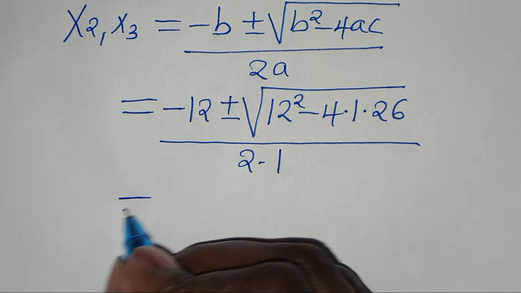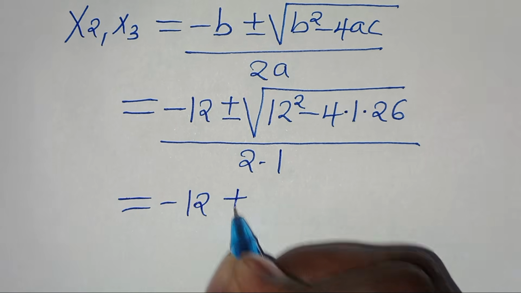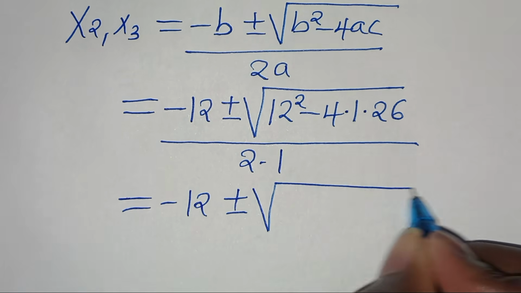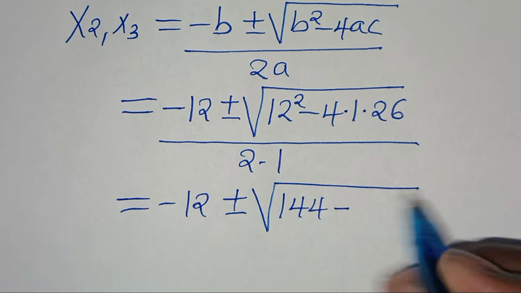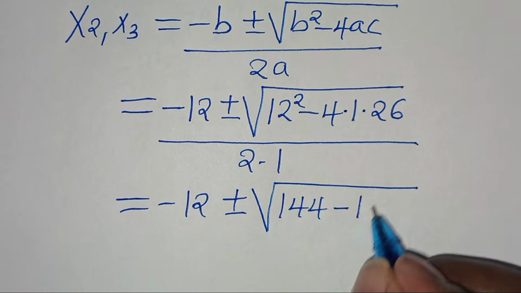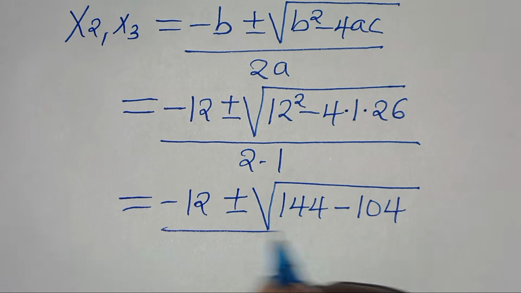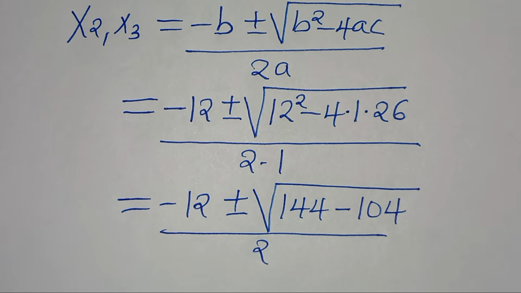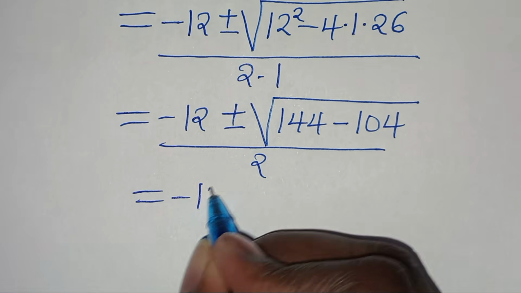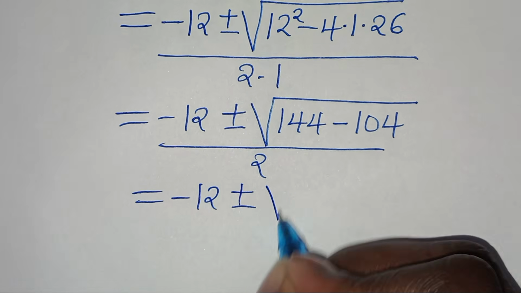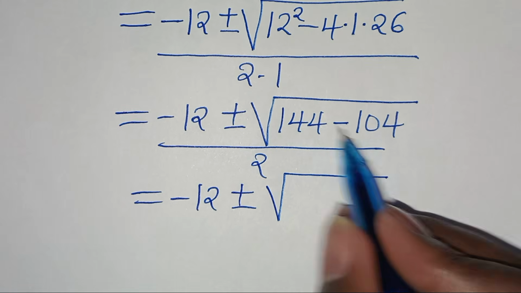So here we have minus 12 plus or minus the square root of 12 squared. This is 144 minus 4 times 26. This is minus 104. Everything here divided by 2. So this is minus 12 plus or minus the square root of 144 minus 104.